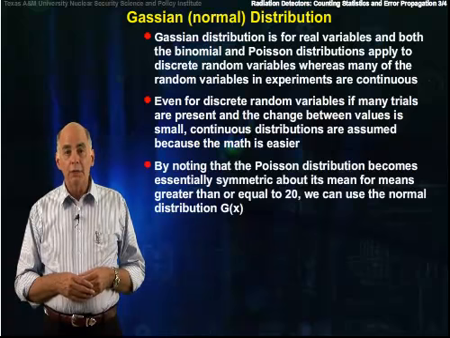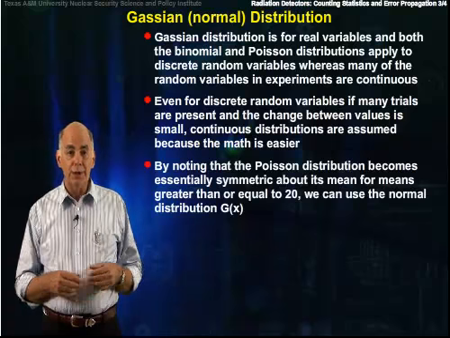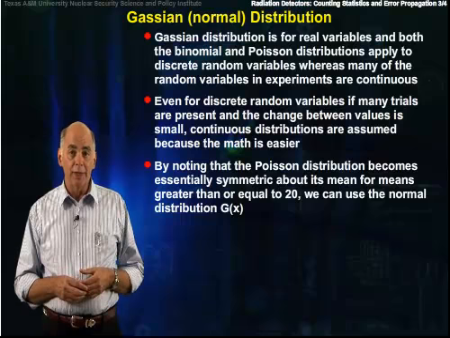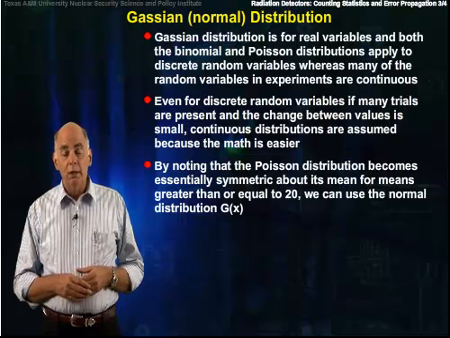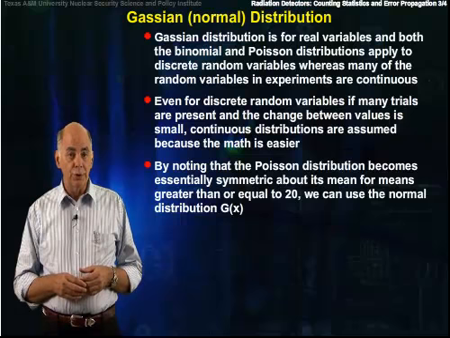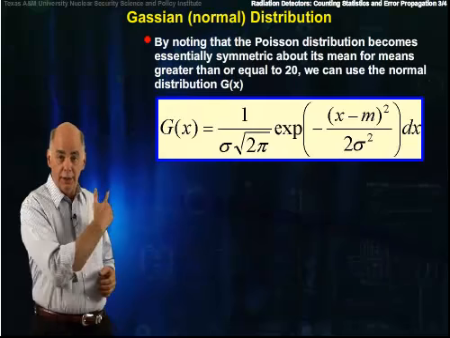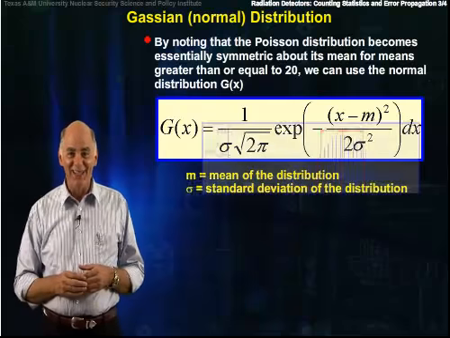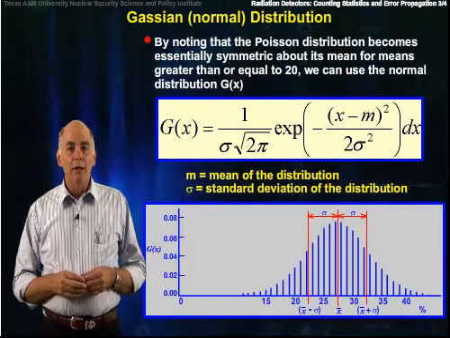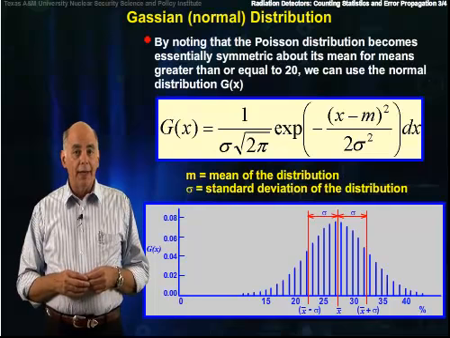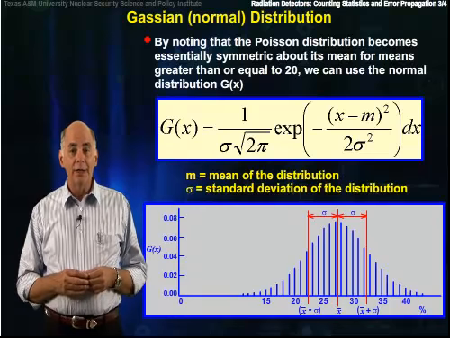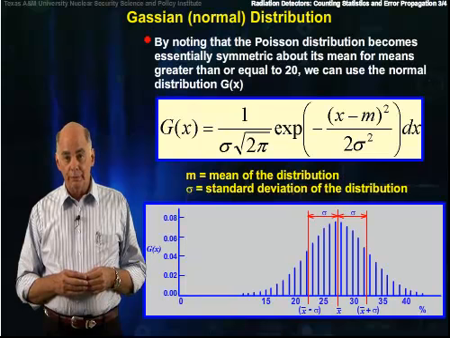By noting that the Poisson distribution becomes essentially symmetric about its mean for means greater than or equal to 20, we can use the normal distribution, g sub x, given by the hideous formula you see here, where m is the mean of the distribution and sigma is the standard deviation of the distribution.